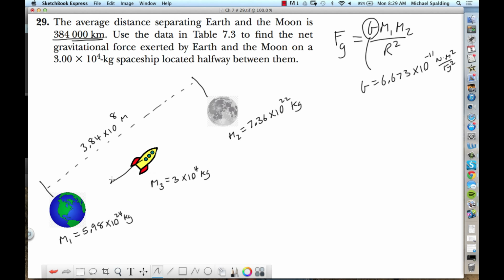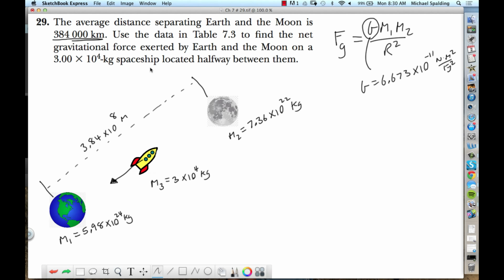Pulling it, right? That's a gravitational force. Now, is the Earth also attracted to the spaceship? Yeah. But we don't care about that force, because which object are we focusing on here? We're finding the net force on what? On the spaceship. Okay?